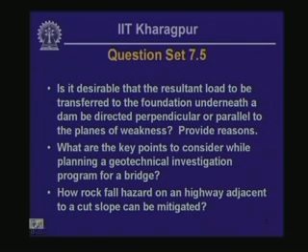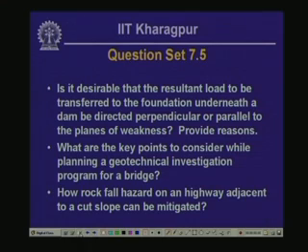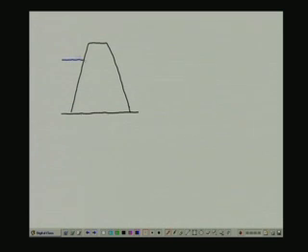Now let's look at the configuration in order to recapitulate the subject matter of the previous lesson. So let's say we have got a gravity dam. The cross section of the gravity dam is like this, and we have got water retained on the left side of the gravity dam.